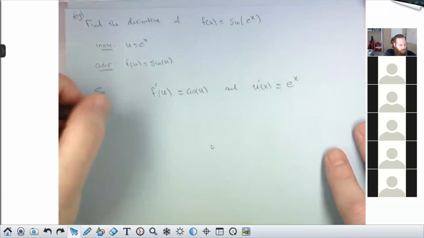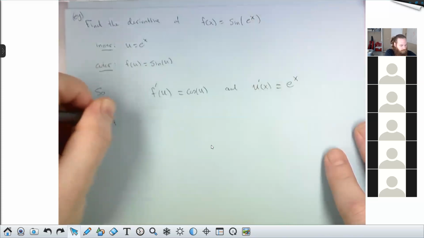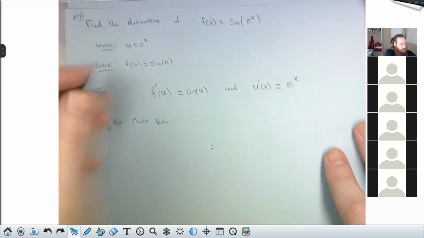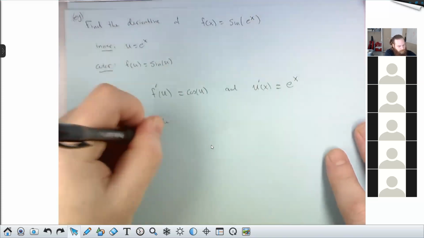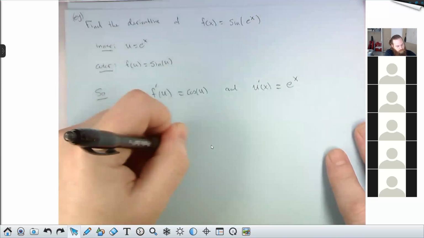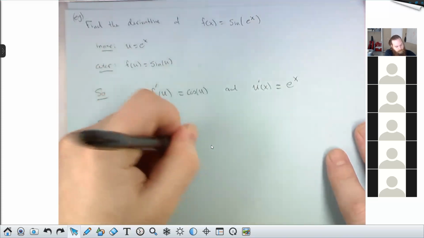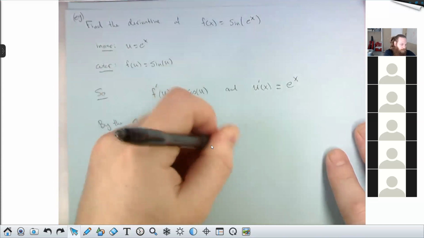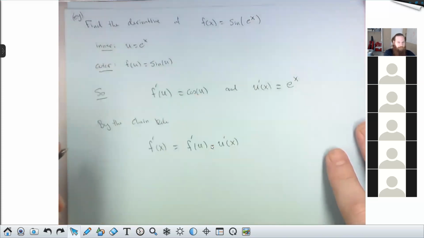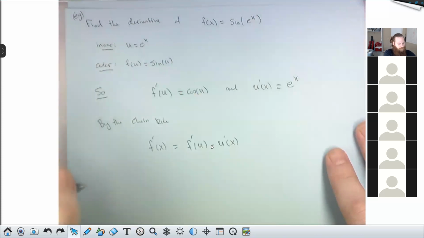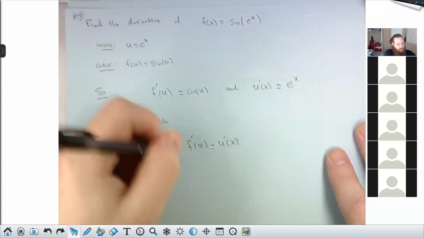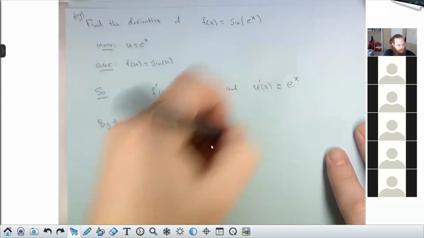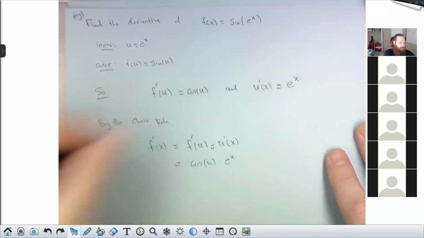So now, according to the chain rule, the derivative of my function here, f primed of x, should be equal to f primed of u times u primed of x, right? This is going to be cos of u times e to the x.